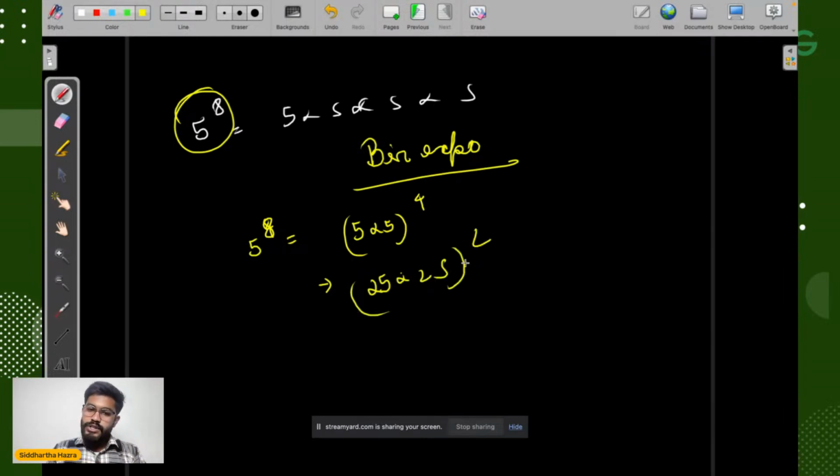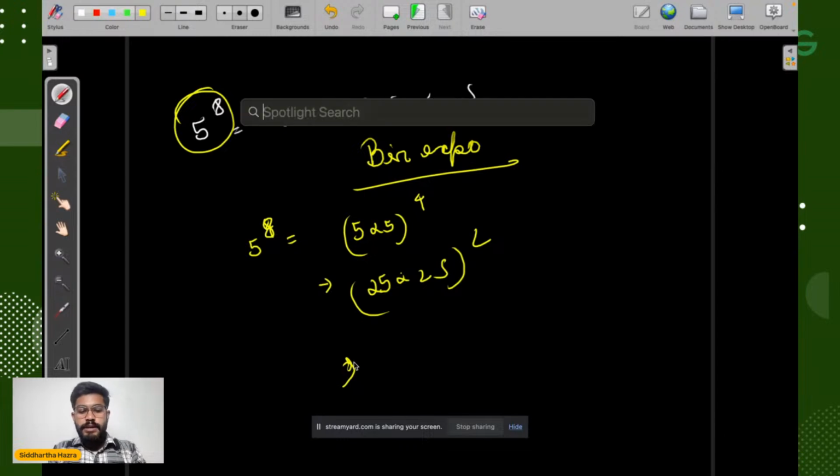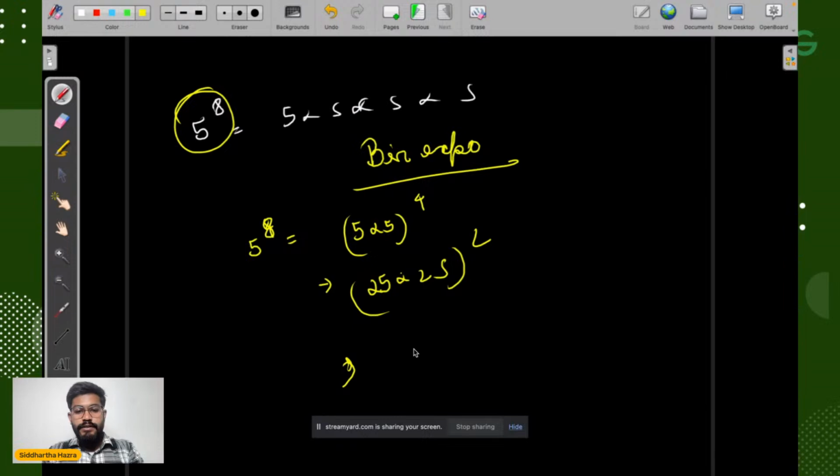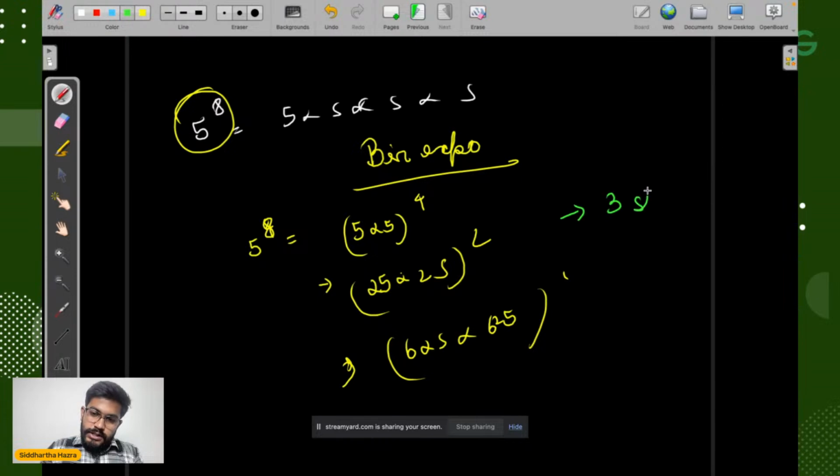This was the second operation. And then 625 multiplied by 625 to the power 1. So now we have found the value in just 3 steps instead of 8 steps.